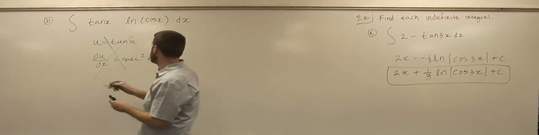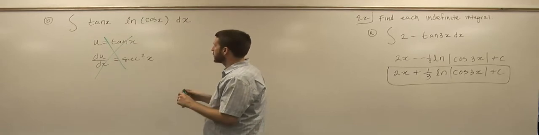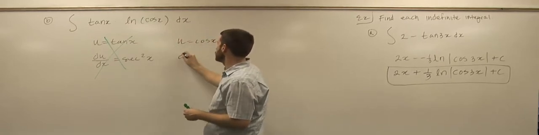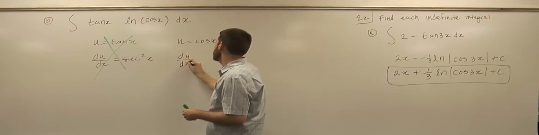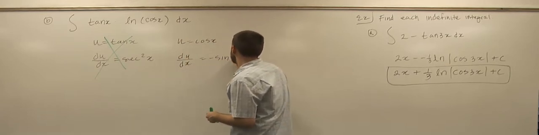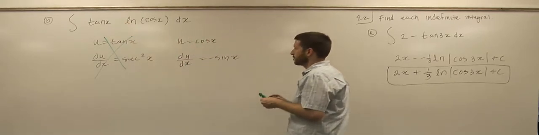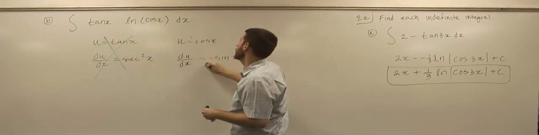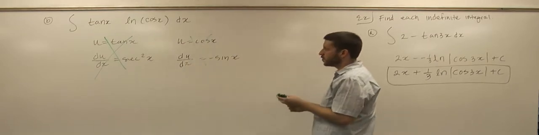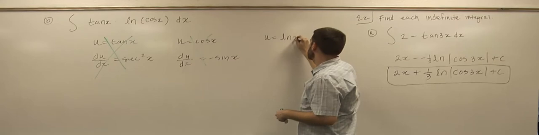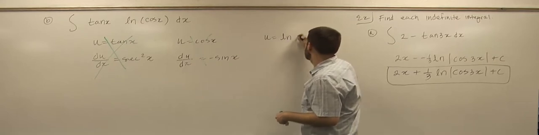So you could try maybe u equals cos x. Then the derivative would be negative sine x. But that doesn't take care of this tangent. Could be the natural log of cosine. Yeah. So you need to set u equal to the natural log of cos x.